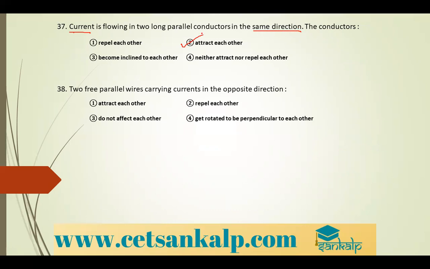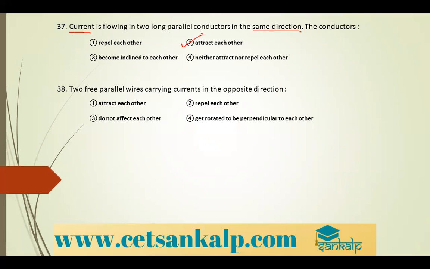Two parallel wires carrying current in the opposite direction. So two conductors carrying current in the same direction attract each other and they repel each other when the currents are in the opposite direction. The force of attraction between the wire and the side of the loop close to the wire is more than the force of repulsion.